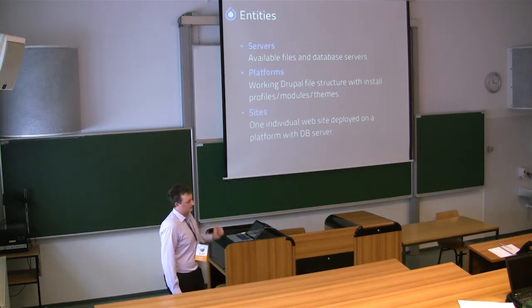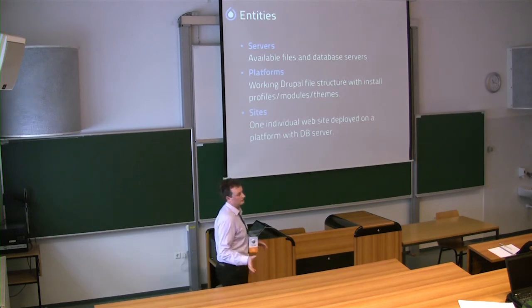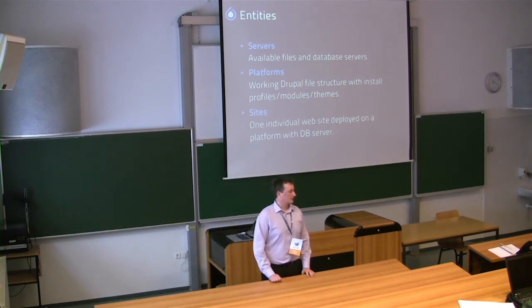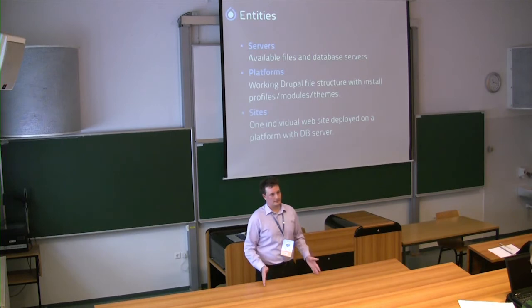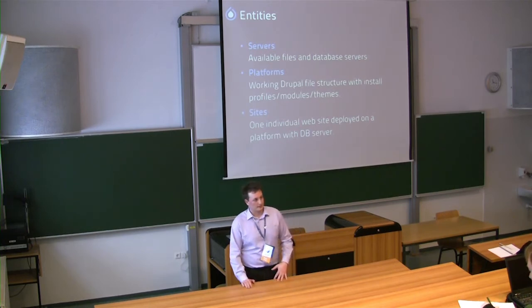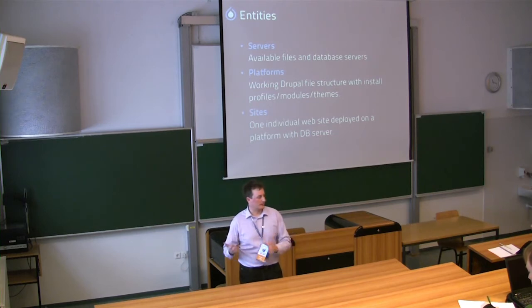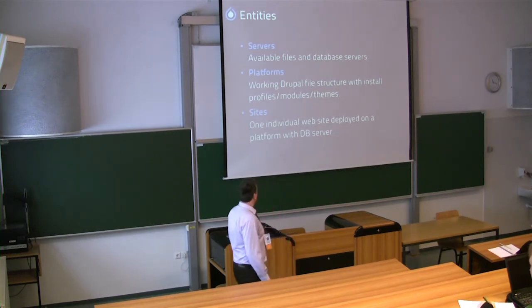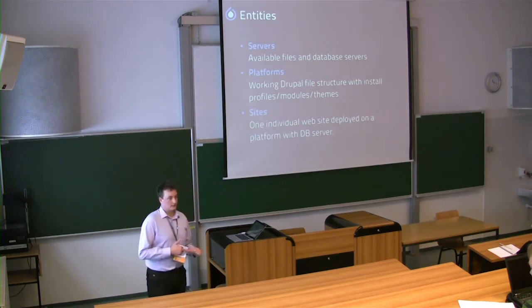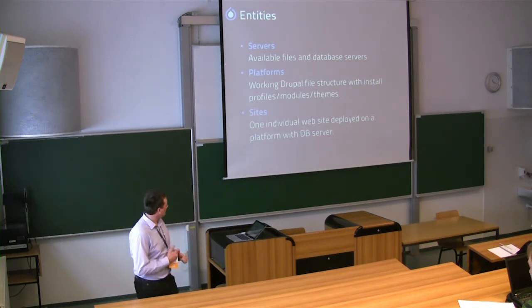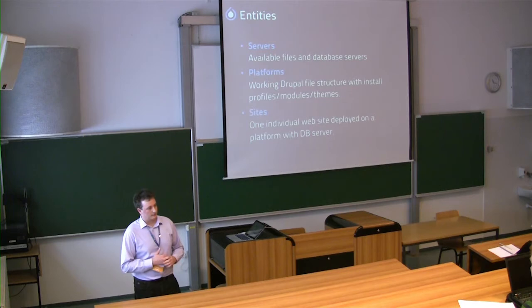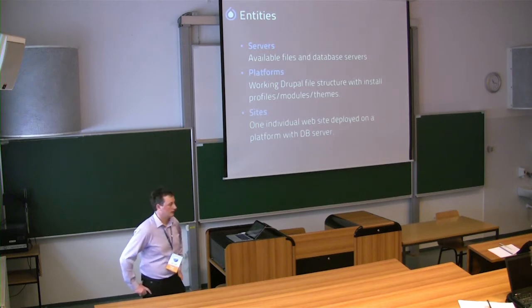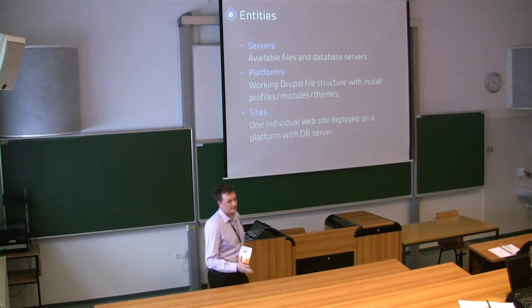Servers inside Aegir are physical or virtual servers, and this server can have web server plus database. So one server is a set of, I don't know, Apache server and database server, and you can have one server or as many as you want. For example, if you have in some kind of network environment, 5 servers.